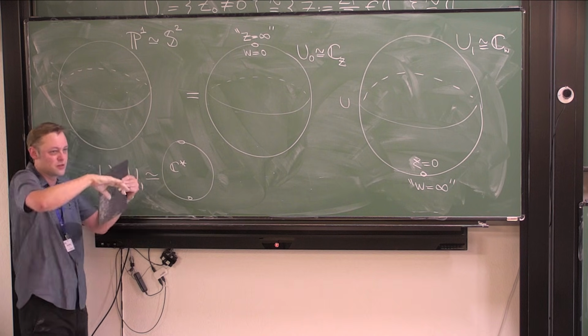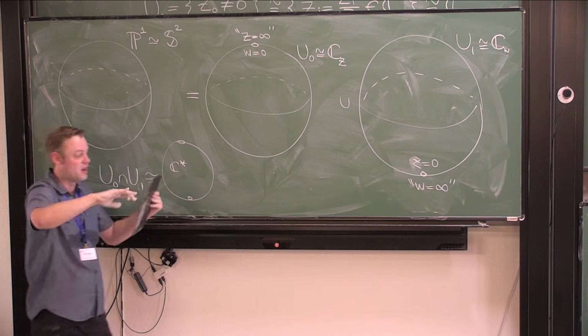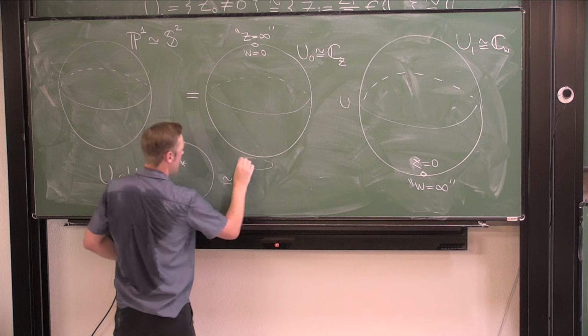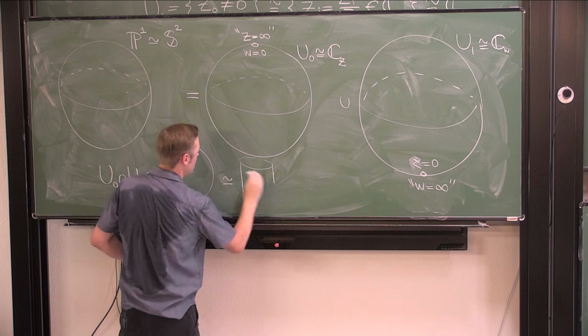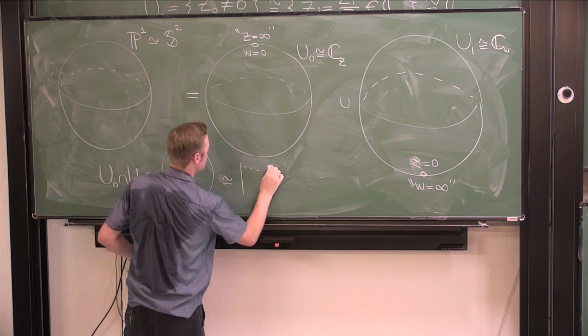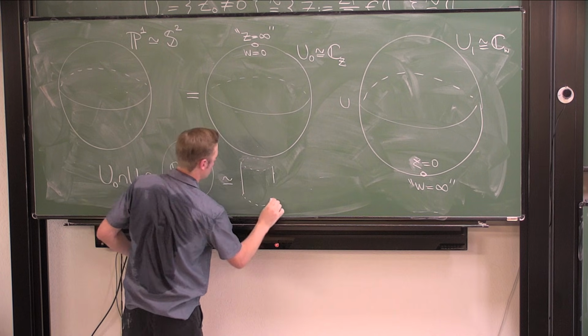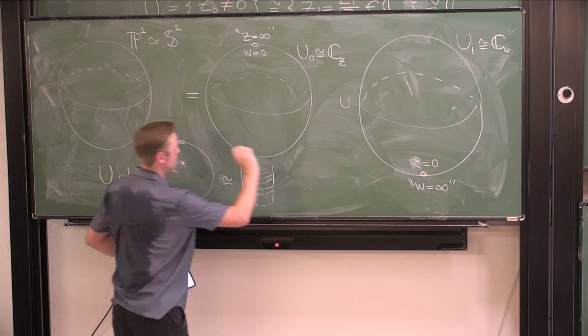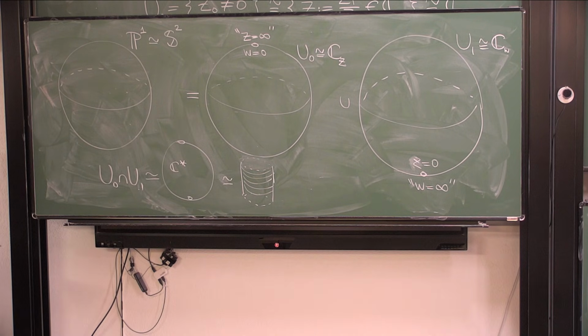So what I can do is I can wind them up however I like, and so I can picture this thing as an infinite cylinder with this boundary missing, like this. So that's why we call it a cylinder.